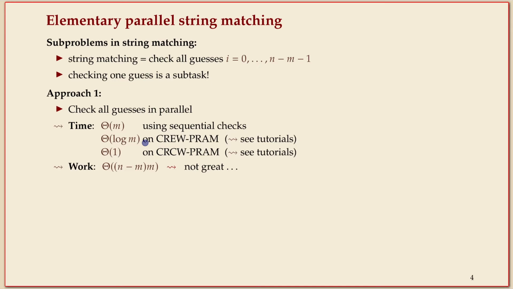So you should have seen the parallel AND in the tutorials. Or you're doing this week. But I think you've seen this last week, haven't you? Okay, some nods, some defiantly denying. So you can look this up. The connection here is checking whether a guess is a match is really checking if all these characters match.